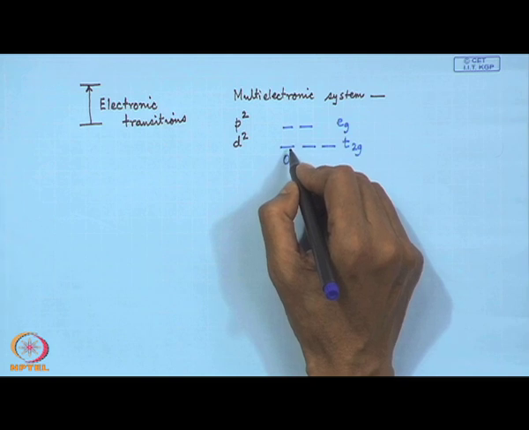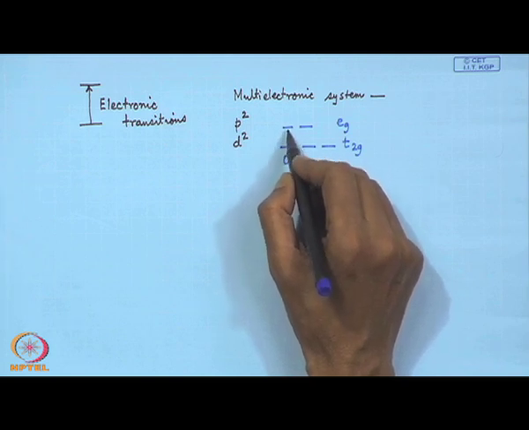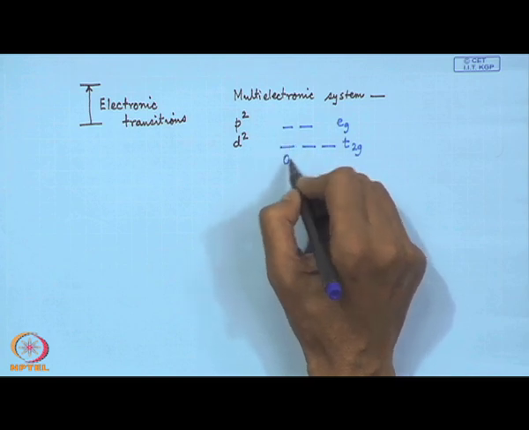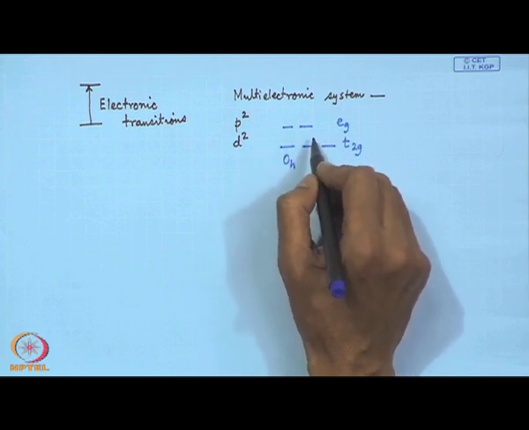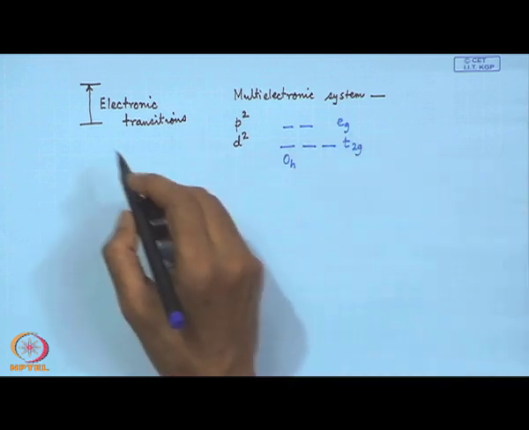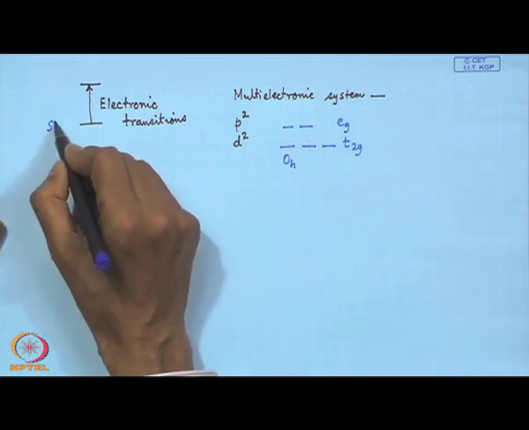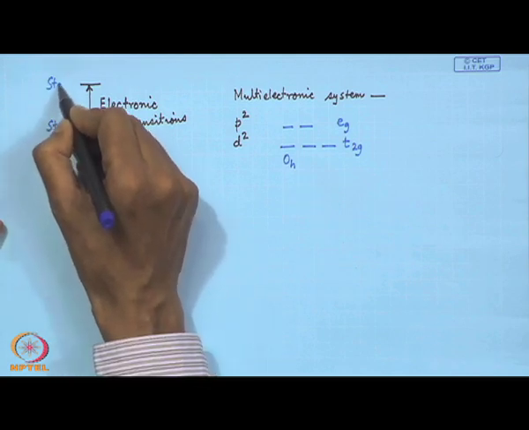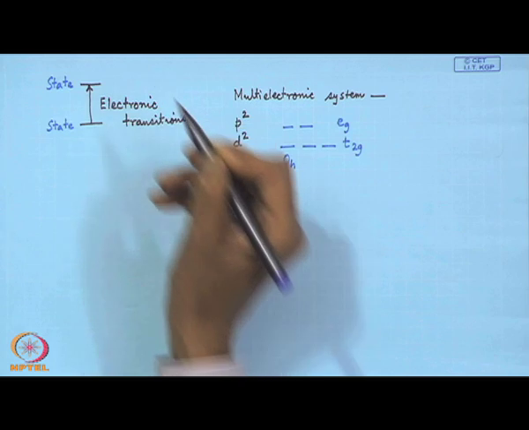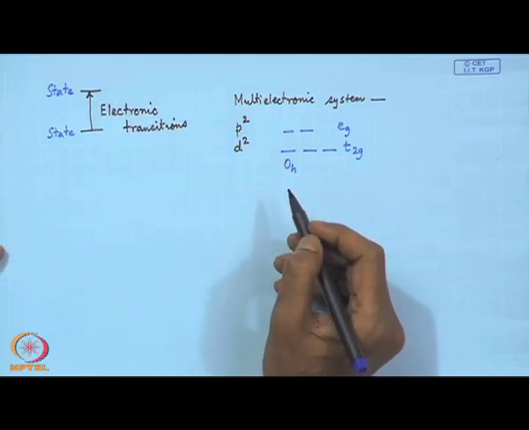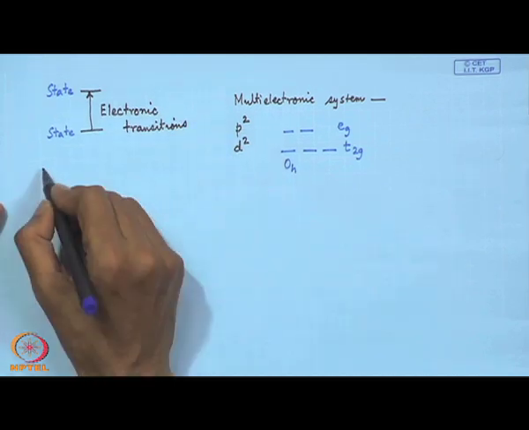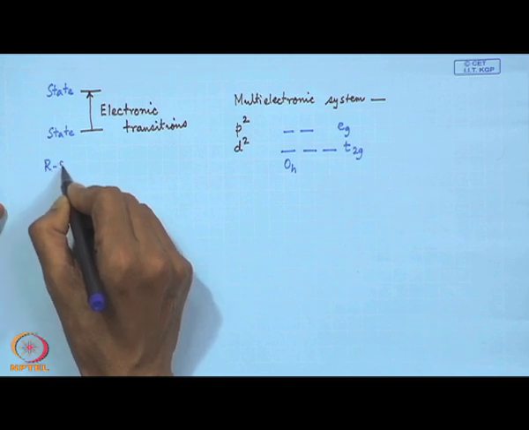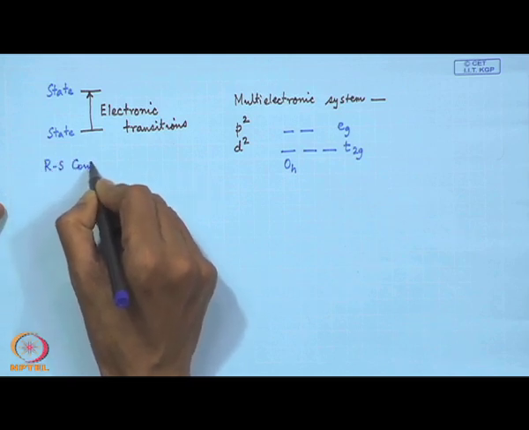So, if there is any electronic transition which is taking place, then we can find out the corresponding changes in energy which is taking place between these 2 states. So, we have the state number 1 and the state number 2, and we will be labeling according to the corresponding Russell-Saunders coupling what we have seen.